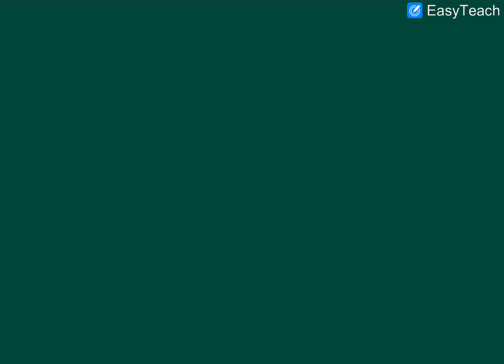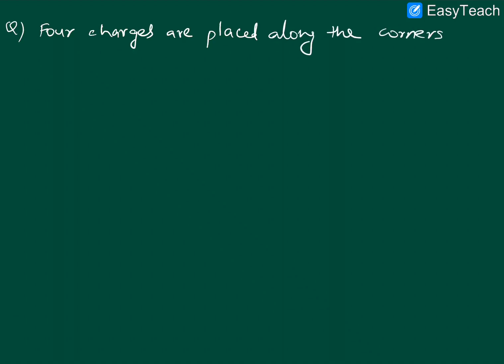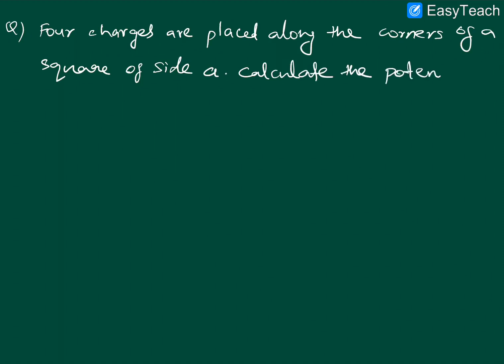Question is, four charges are placed along the corners of a square of side A. Calculate the potential energy of the system.